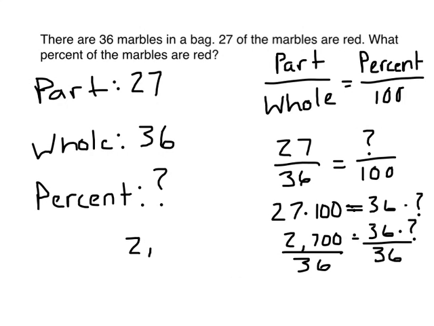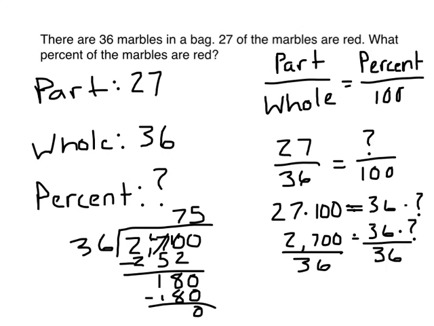What's 2,700 divided by 36? Go ahead and solve that now. The correct answer is 75. 27 is 75% of 36. 75% of the marbles are red.